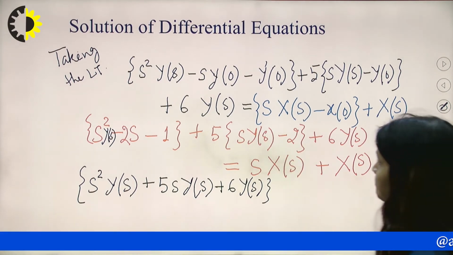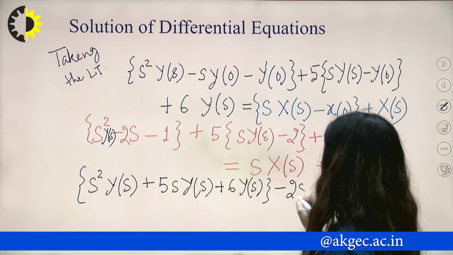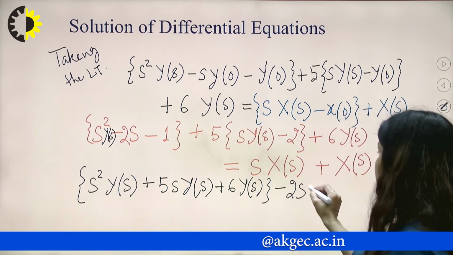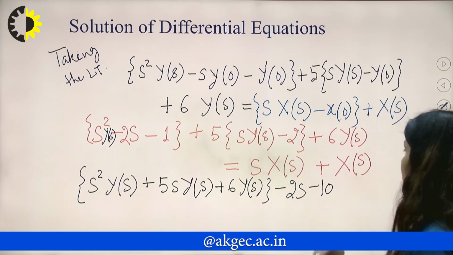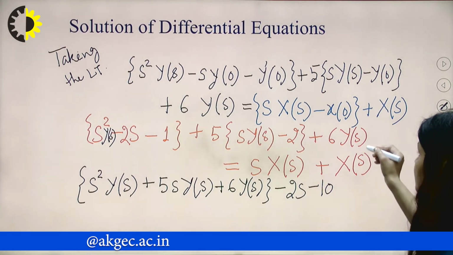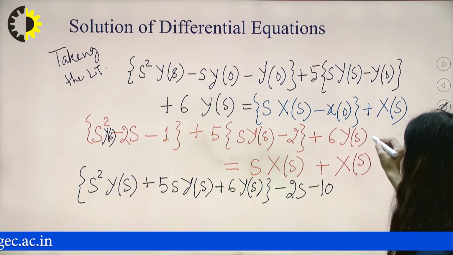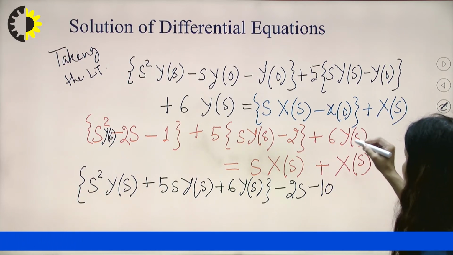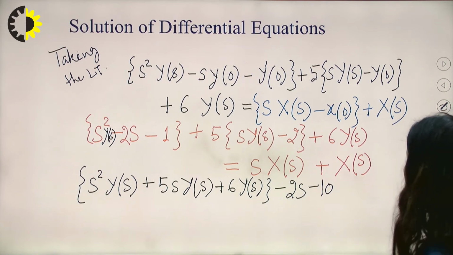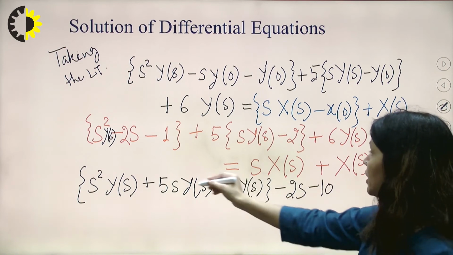Next is minus 2s, and here it will be minus 10, plus 6 Y(s) minus y(0), which we have already covered.